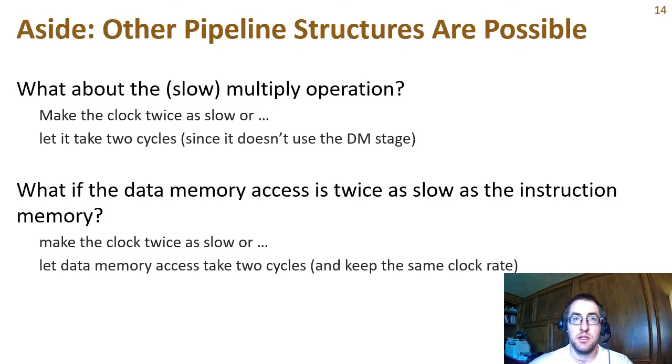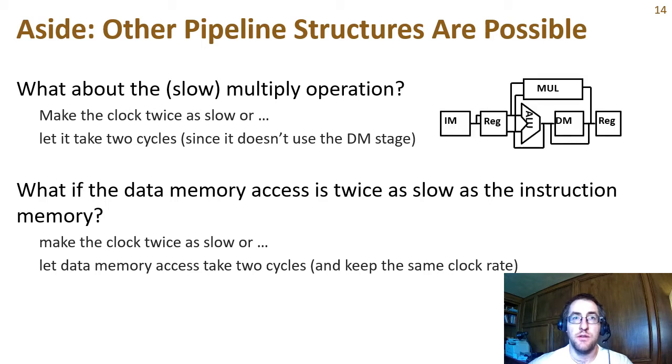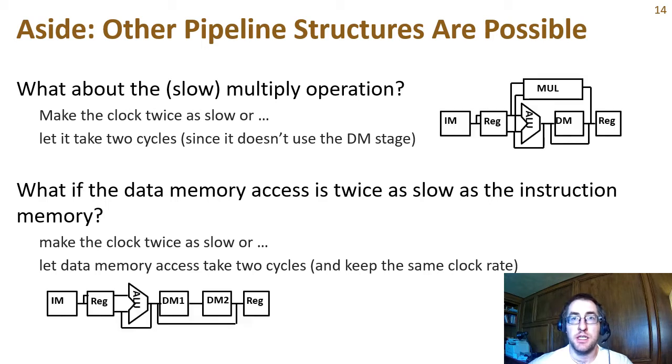We could construct different kinds of pipeline structures. So if you had a slow multiply operation, you could make the clock cycle time twice as long, or you could let that multiply operation span multiple stages.